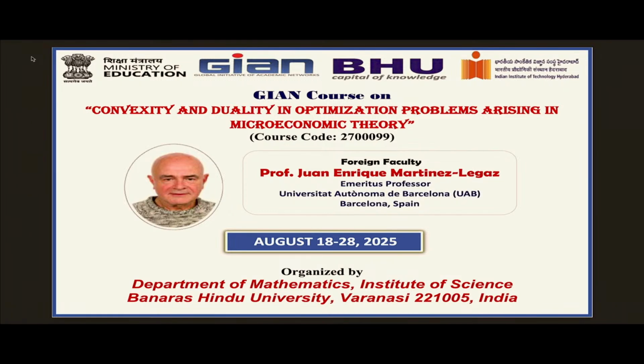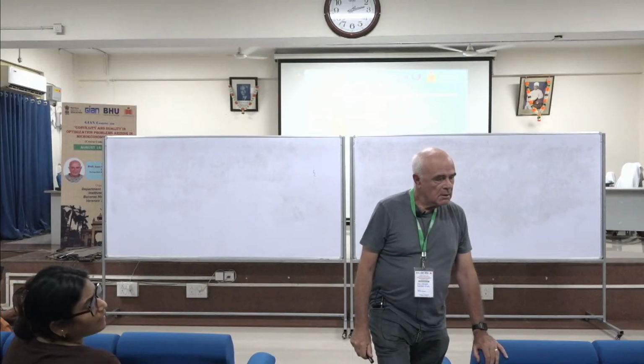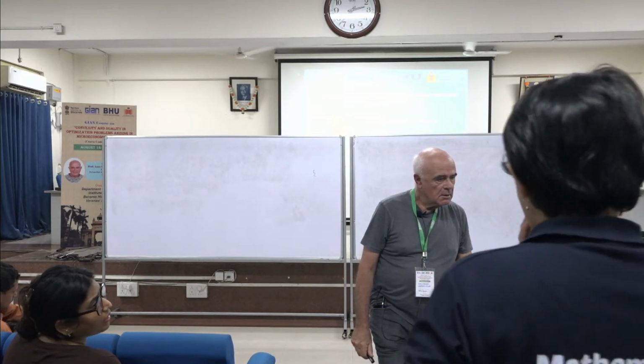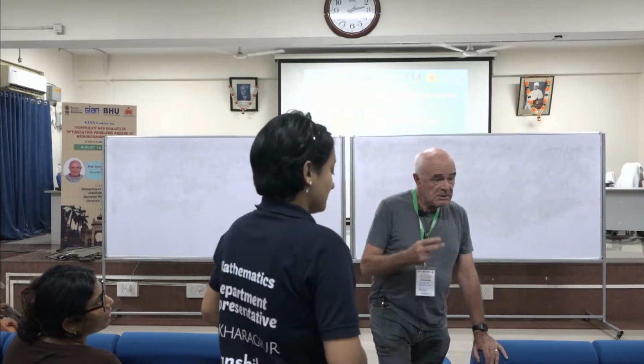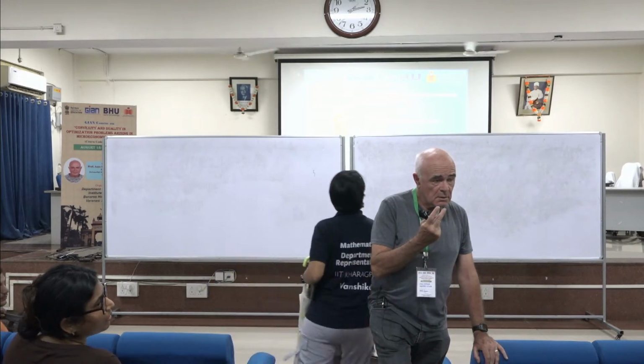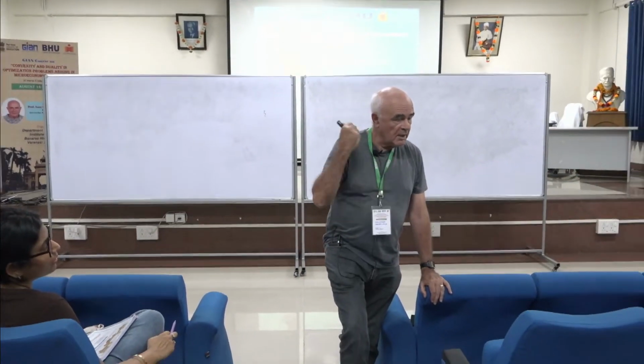How can you define the subgradient of multivariable functions? For example, how to calculate the subgradient of mod x plus y? Subgradient of more than one variable. Well, the definition I gave is for several variables.